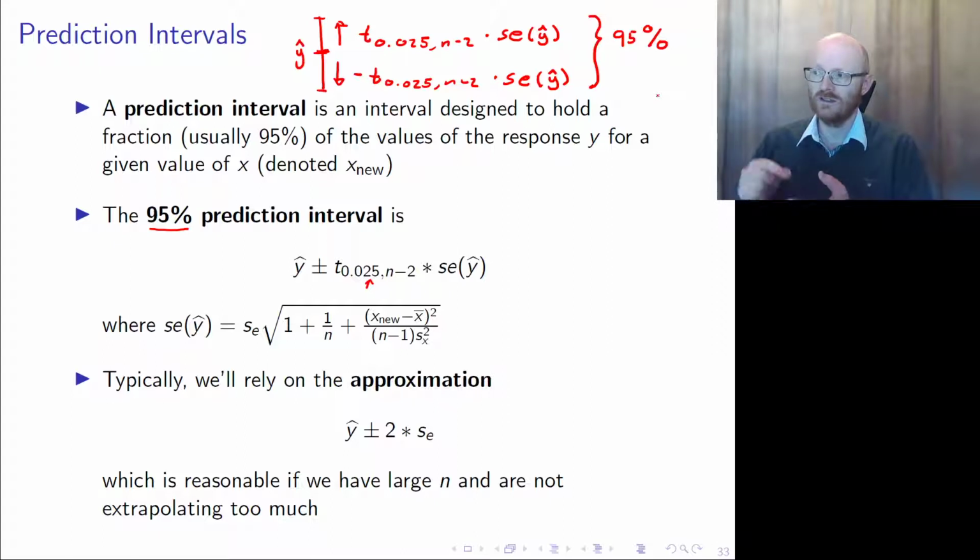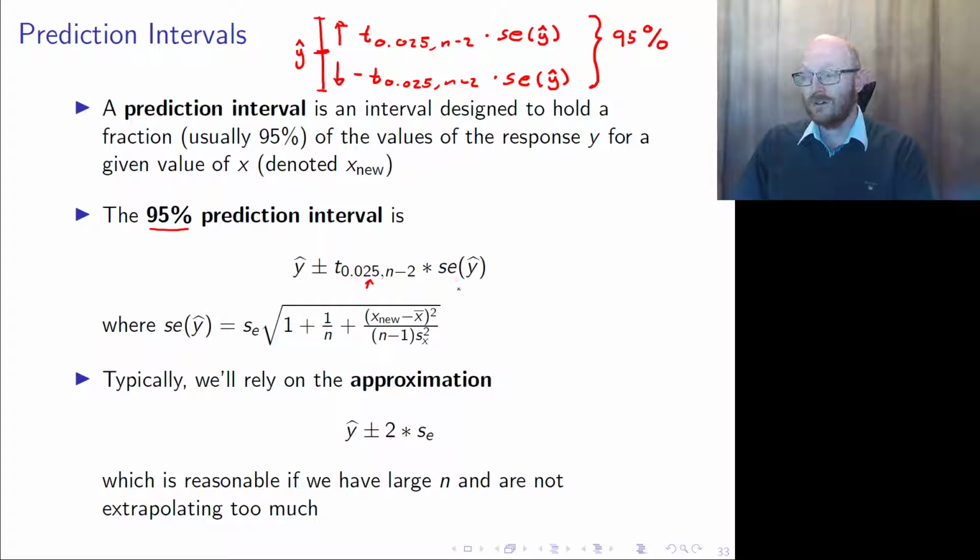Because you are giving one estimate, a point estimate, and you're saying that, well, this is the mean of all the observed y values. But if you want to be certain to the 95% degree, then you have to make this prediction interval. Okay.